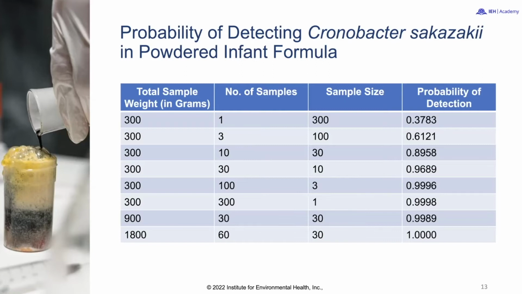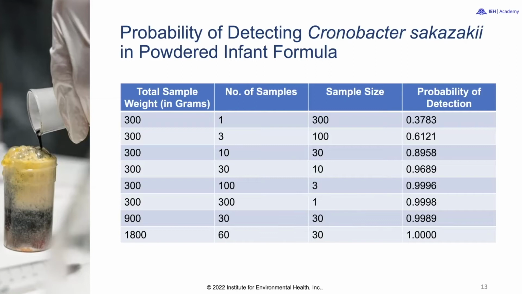And incidentally, this is the regulatory standard for infant formula in most of the world. If you look at Codex and a lot of countries' regulations, they require that you test 300 grams as 30 samples of 10 grams each. That's pretty good, 96%. And I think that explains why this company detected this positive lot.